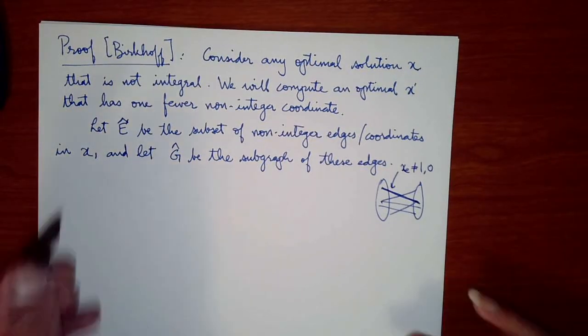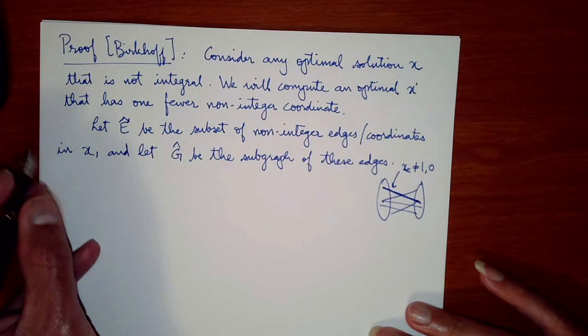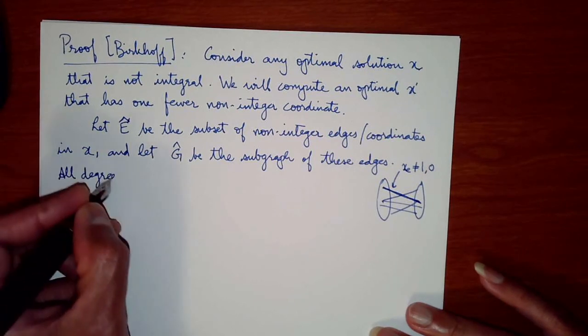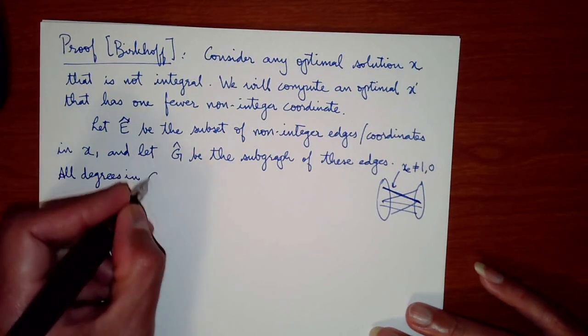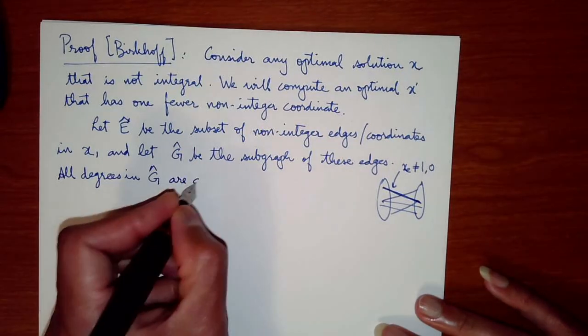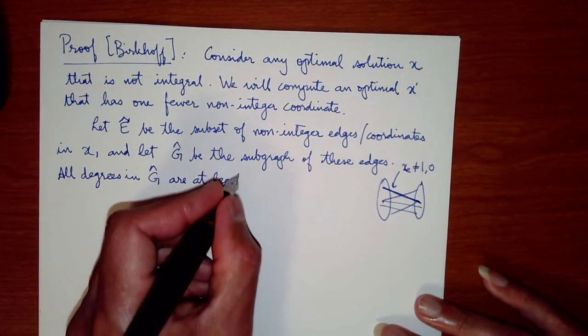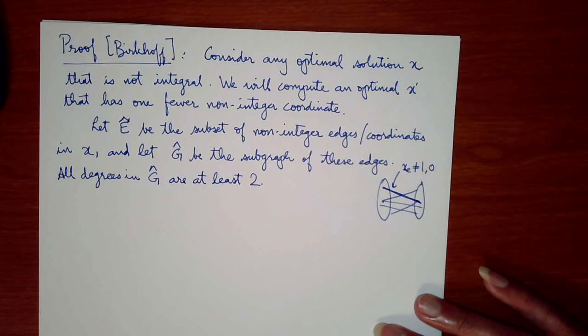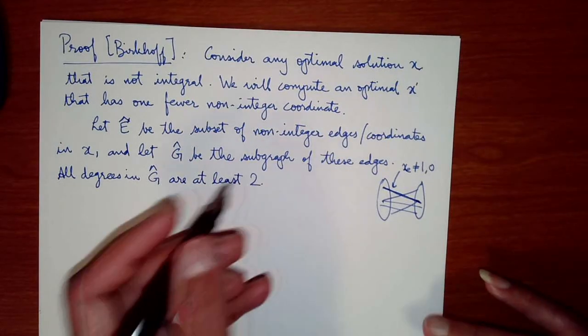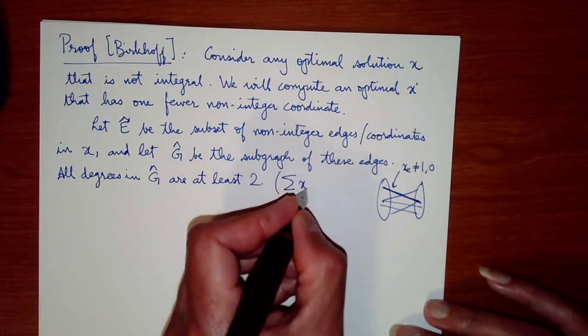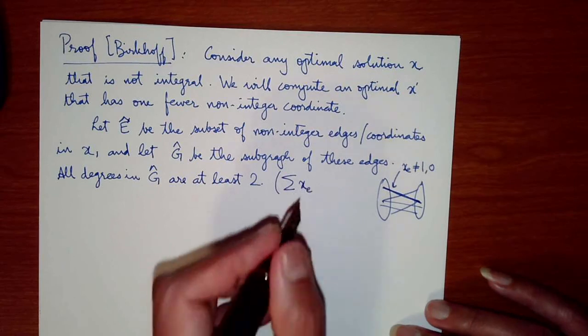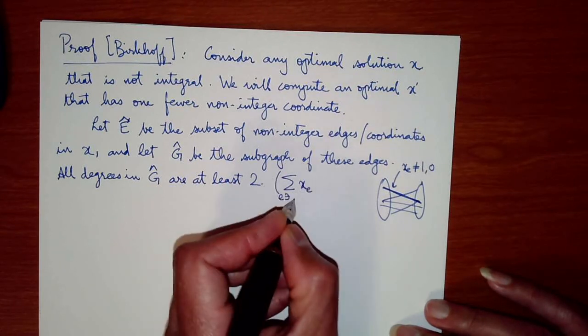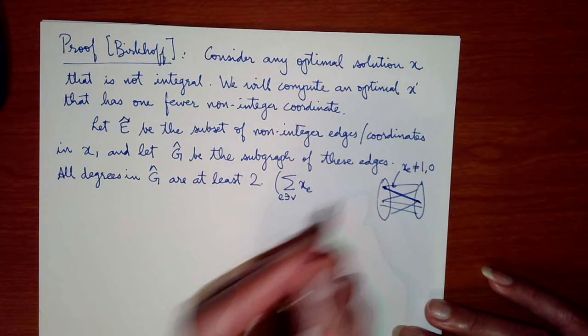Now here is the key fact. All degrees in G prime are at least 2. Why is that? Note that the summation of xe, where e contains some v, is equal to 1.